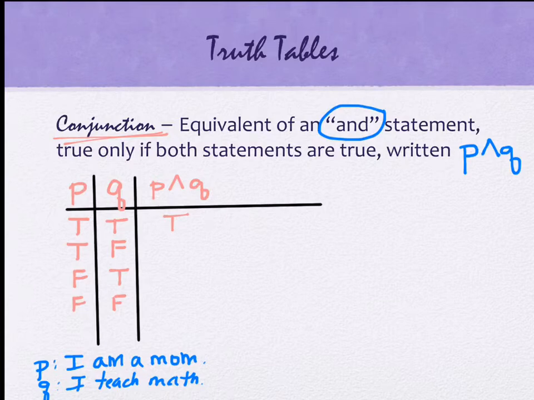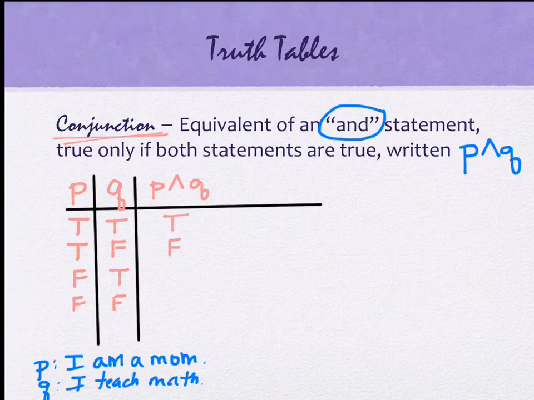So if Dr. Gregory comes in here today, and she says, I'm a mom and I teach math, well, the mom part is true. But the I teach math part, that's not what she teaches, right? She teaches something different. So if she puts those two statements together with the word and in between them, is it a true statement? It's not. It is a false statement, because she doesn't do both.